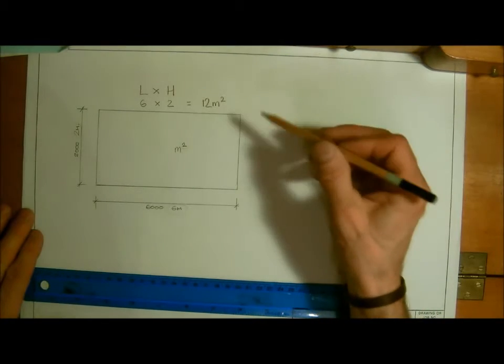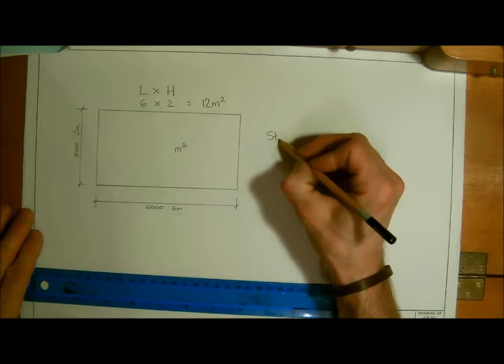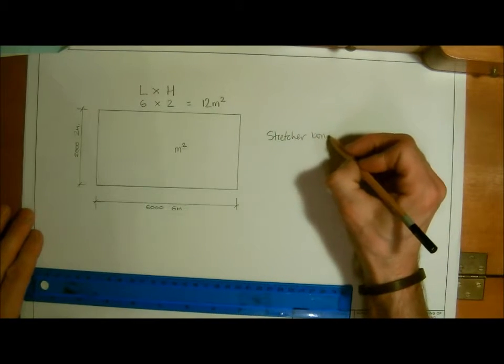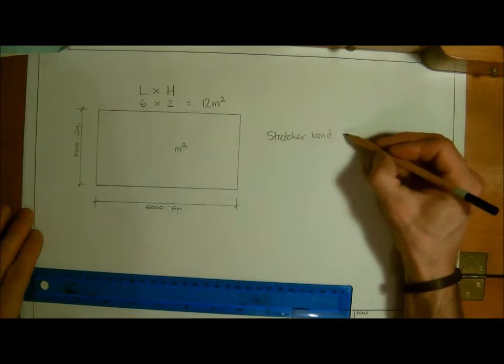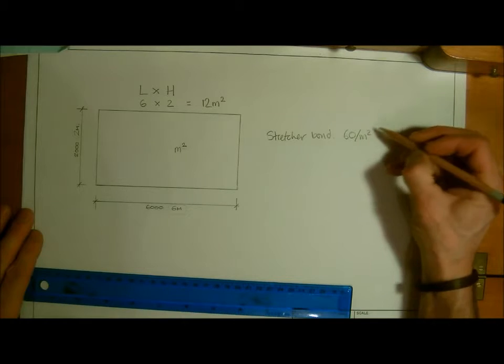What we're going to learn is that in stretcher bond, if I write this down, we will have 60 bricks per meter squared.